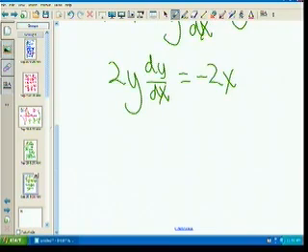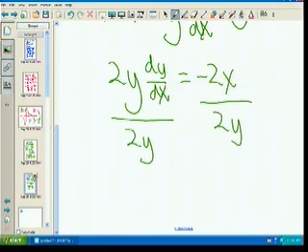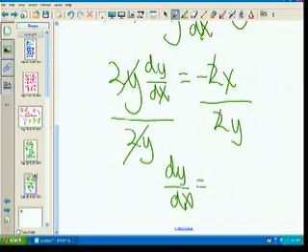And divide both sides by 2y. So dy over dx is what?